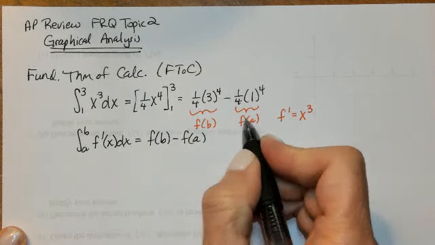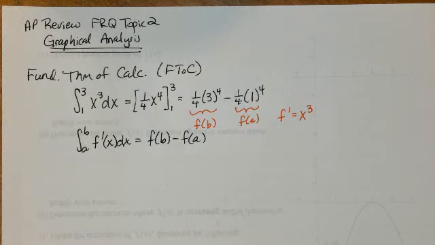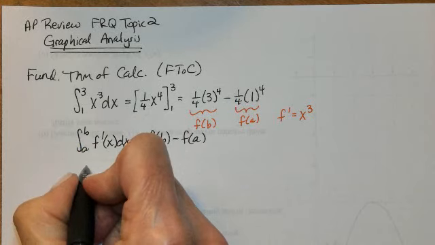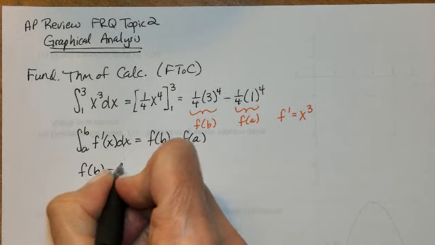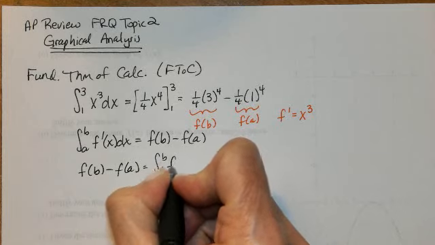And we used it even before we learned what the fundamental theorem of calculus actually says. But that is true, and we can take this and reverse it, of course. F of b minus F of a must equal the integral from a to b of F prime.